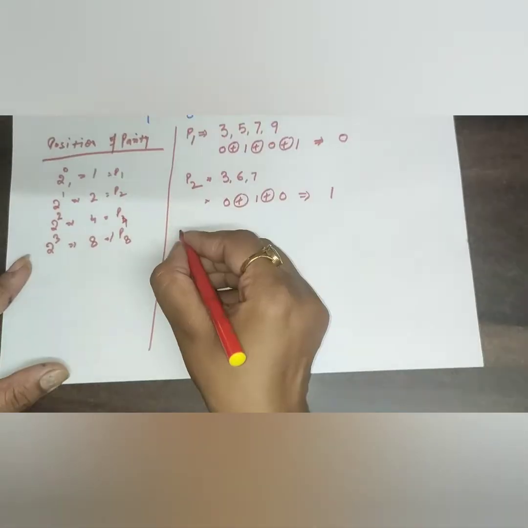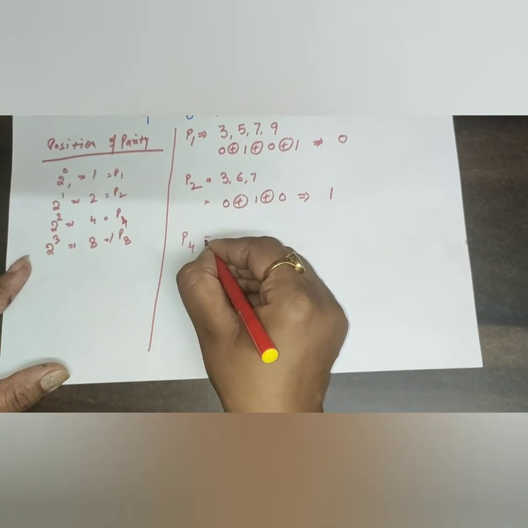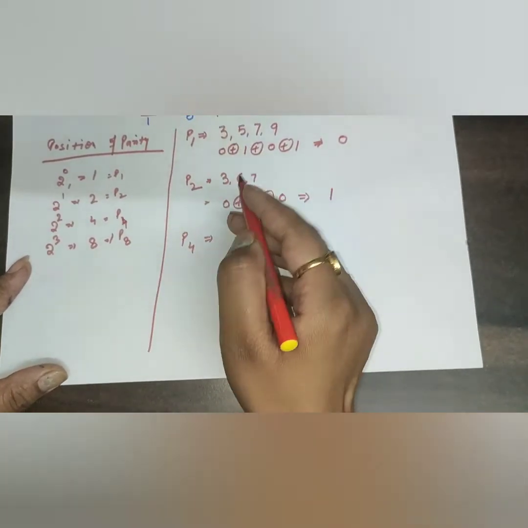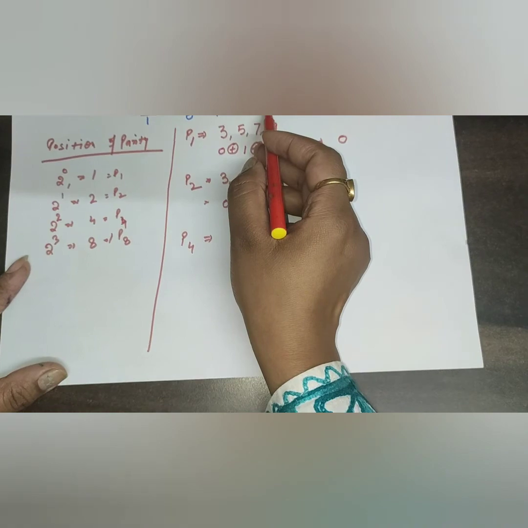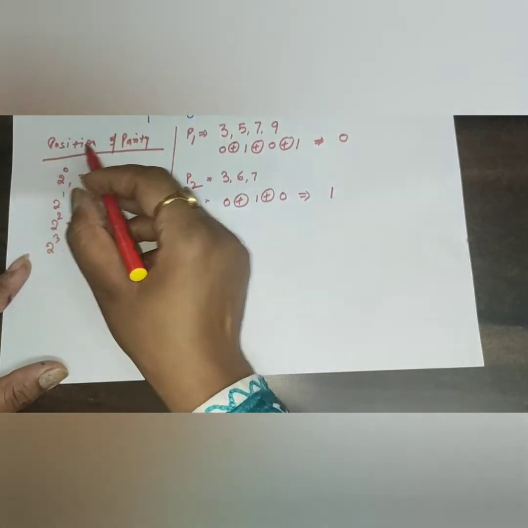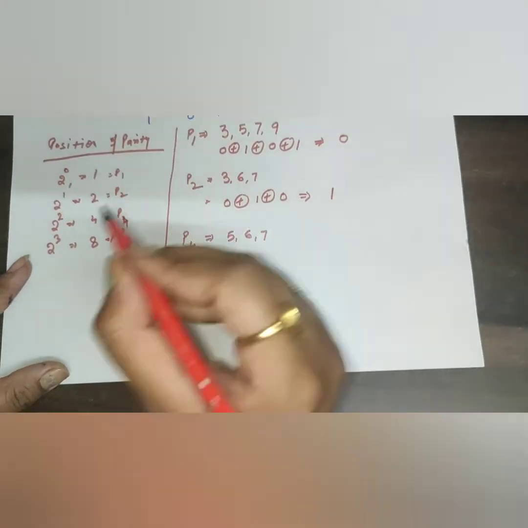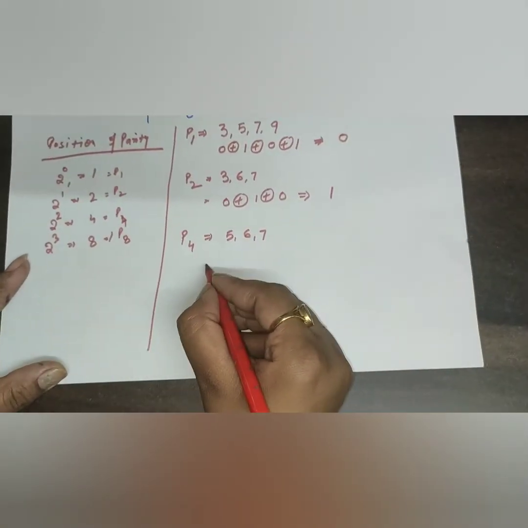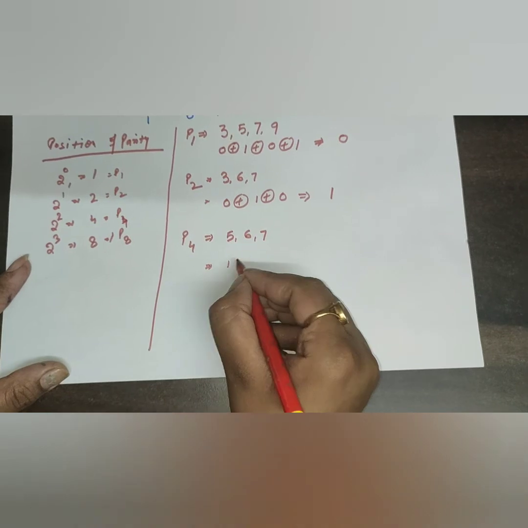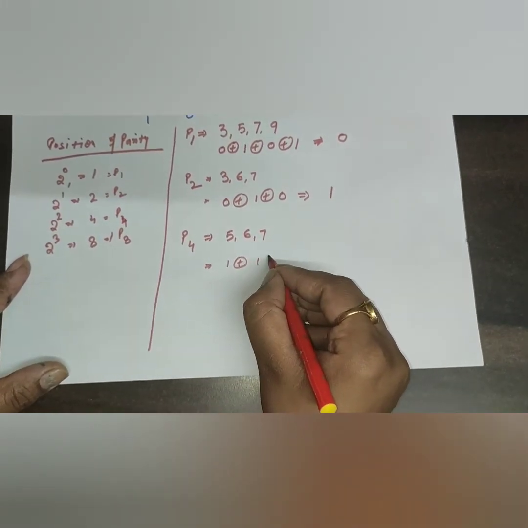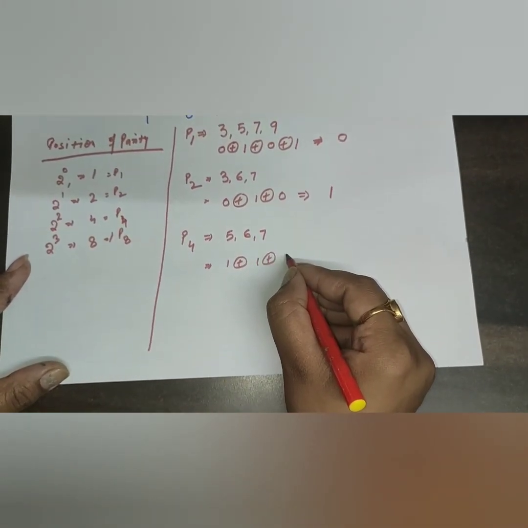Now P4. P4 will start from 4, check 4, skip 4. So P4 will be 5, 6, 7, then skip. So here 5 will be 1, XOR 6, XOR 7.